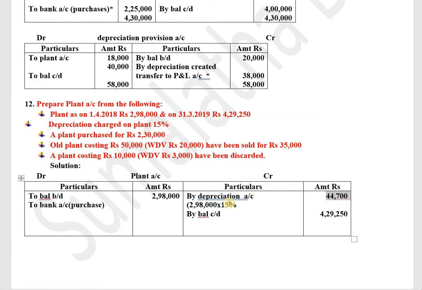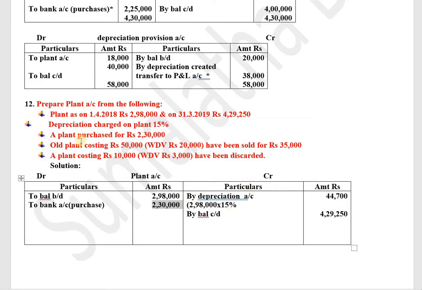Getting my point? Once this has been done, what is being given is that the plant is being purchased. So to bank account purchase, because cash is not mentioned, we record it as to bank account purchase. How much? 2,30,000. And next they have given something, that 20,000 worth of goods is being sold for 35,000. So there is a sale happening. So by bank account sale, how much is the sale? 35,000.